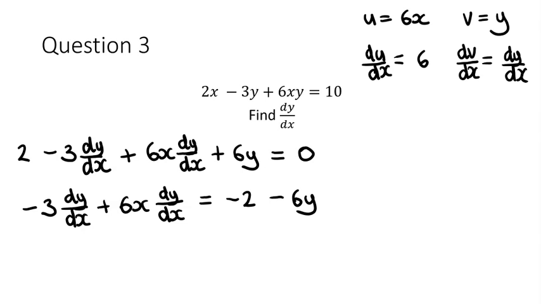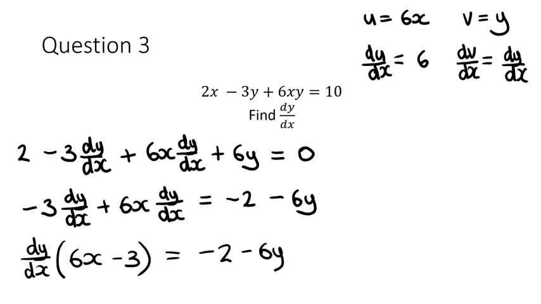What this enables me to do is factor out the dy by dx on that left-hand side. I've just got in the bracket there 6x minus 3. On the right here I've still got this minus 2 minus 6y.